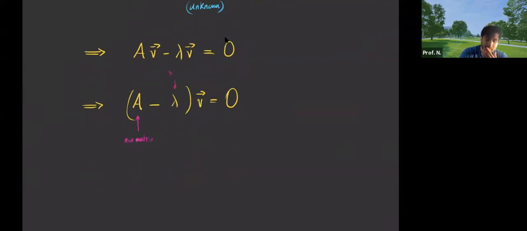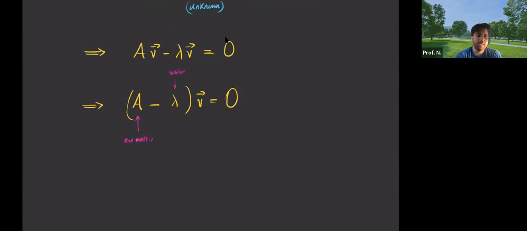Scalar, right? You can't subtract a matrix with the scalar. It doesn't make sense to do so. You would have to subtract by another n by n matrix, correct? So how do we account for that?